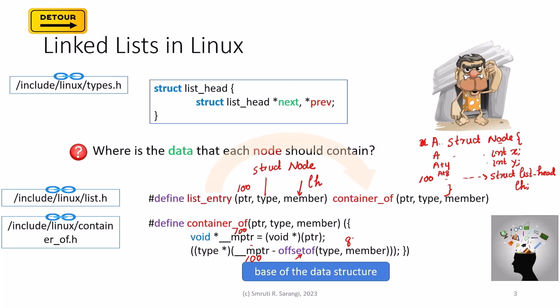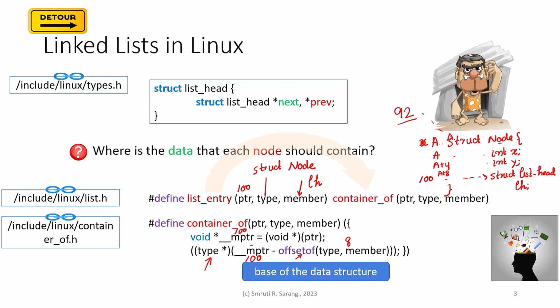So what this computes is the address of the node structure that is encapsulating the struct list head, which in this case is 100 minus 8, 92. Now you typecast this to type star, which is nothing but struct node star. So you return the value 92 as struct node star.